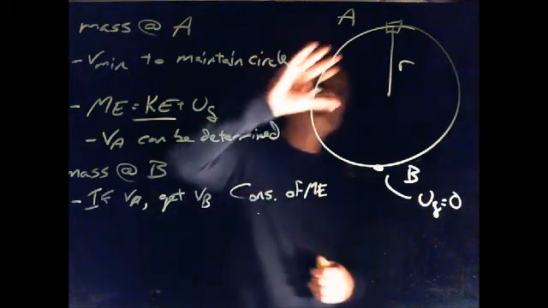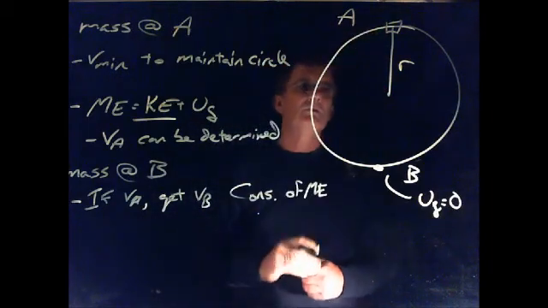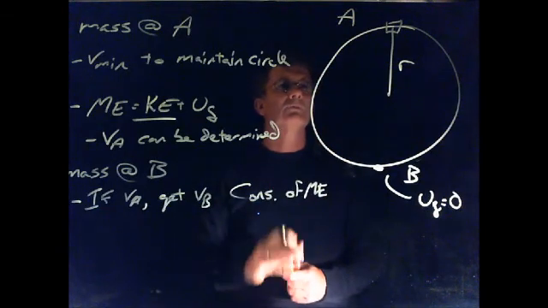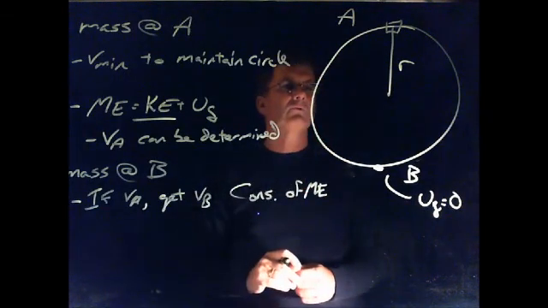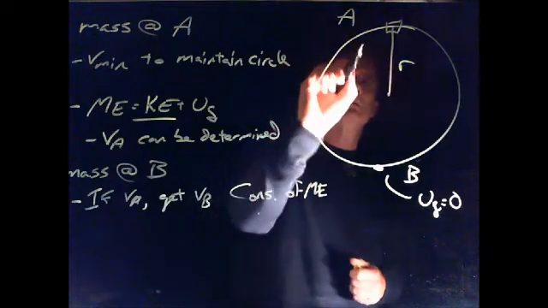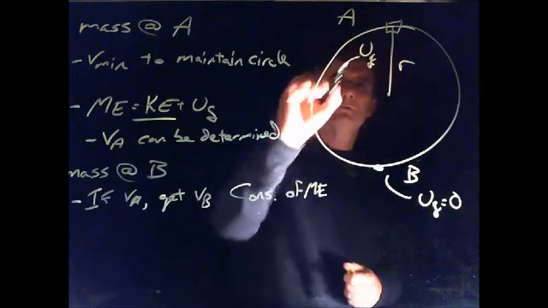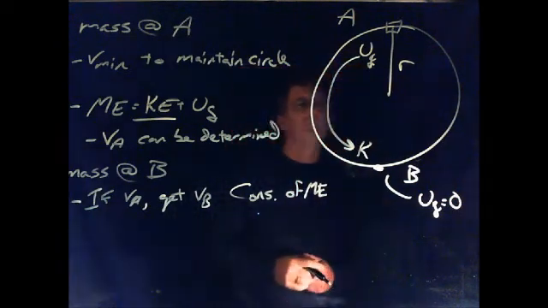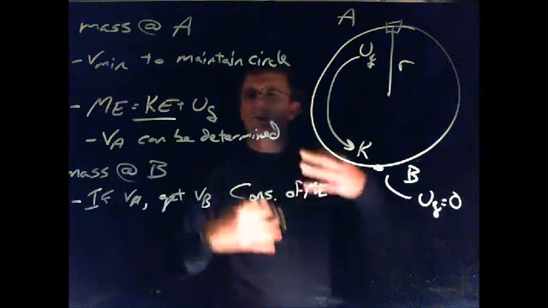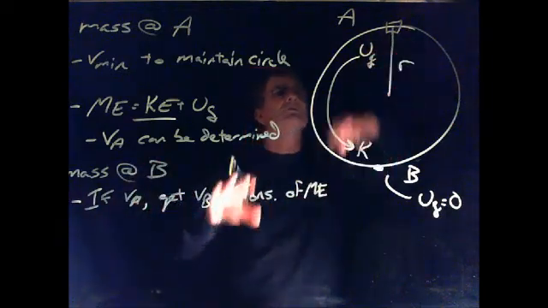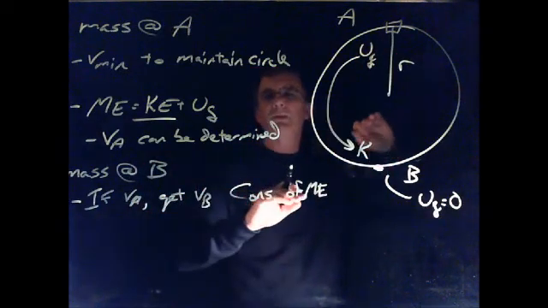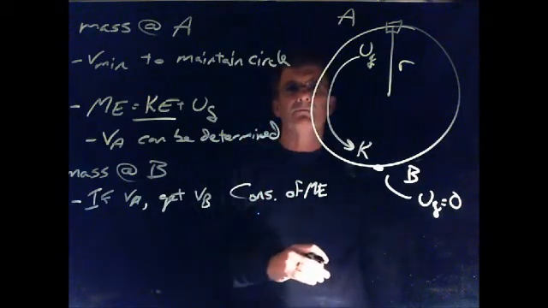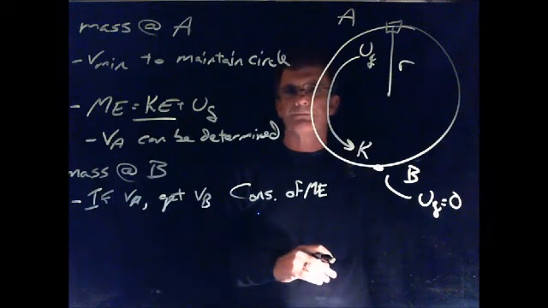Because all the potential energy at the top of the circle is going to get converted to kinetic energy at the bottom. And so if we know the velocity at A to get the kinetic energy at point A, we can get the velocity at point B through conservation of energy.